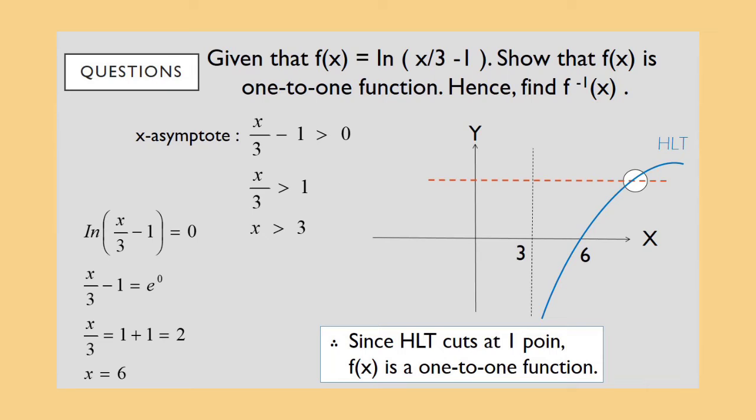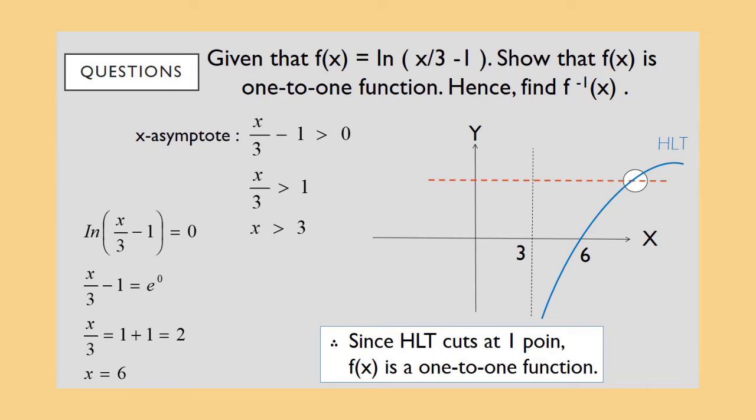For this question, we can choose either the algebraic method or the graphical method. I use the graphical method by using the horizontal line test. Firstly, we need to know our asymptote. So x over 3 minus 1 must be greater than 0, and simplify until we get x greater than 3. Next, we sketch our graph with the asymptote at 3 but it cannot touch 3.